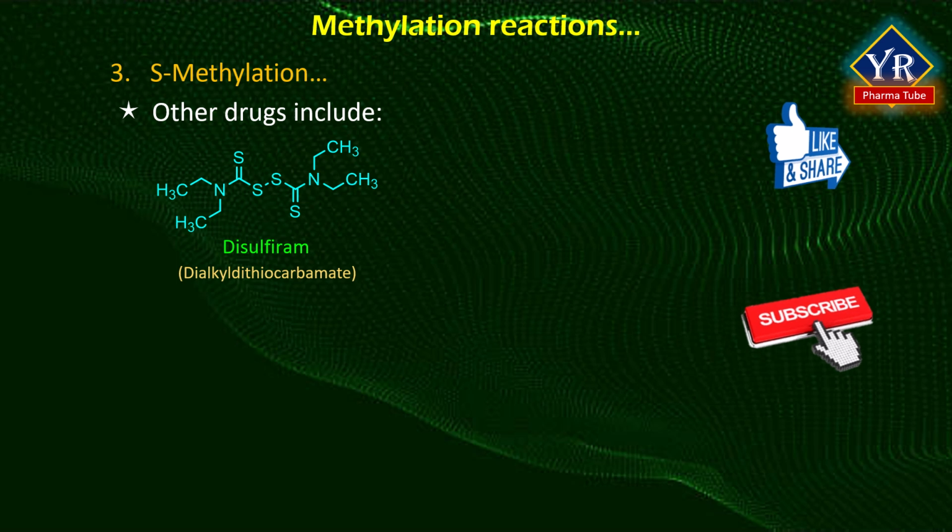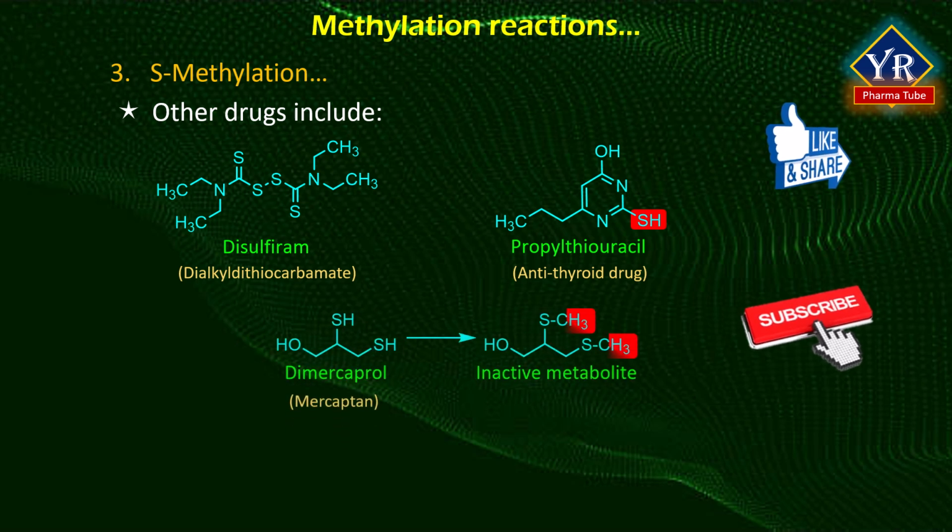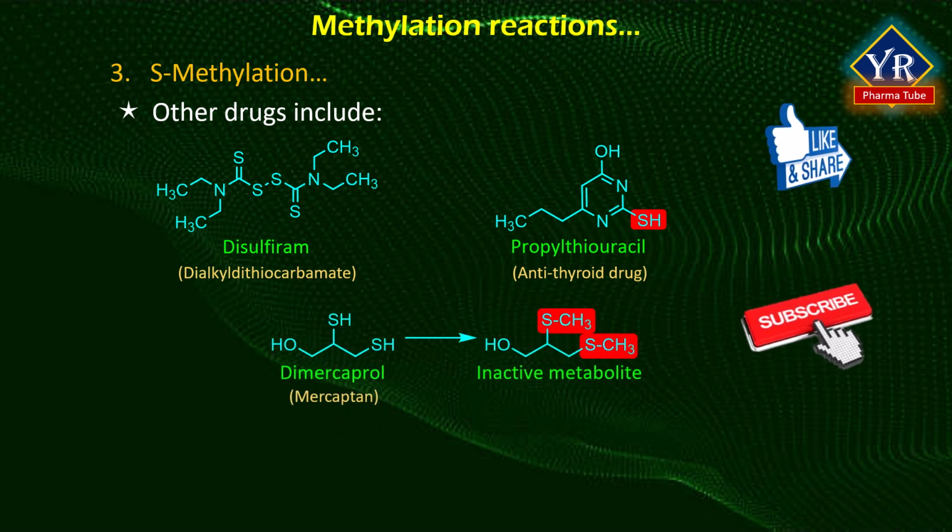Dialkyl dithiocarbamates, for example disulfiram, and the antithyroid drugs, for example propylthiouracil, mercaptans such as dimercaprol and hydrogen sulfide from thioglycosides as natural constituents of foods, mineral sulfides in water, fermented beverages, and bacterial digestion are all S-methylated.